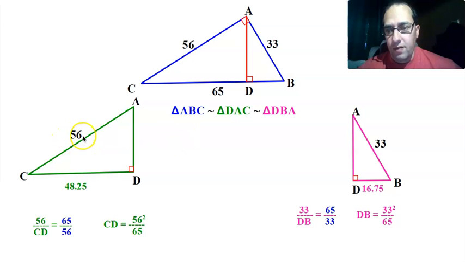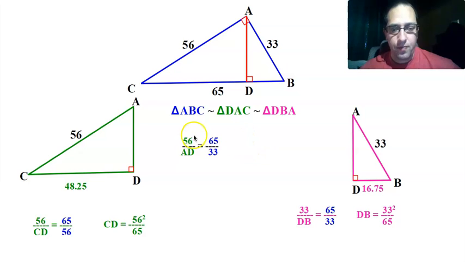So let's see here. We have 56 over AD. There we go. And in the blue triangle, what matches up with 56? Well, as we said, that is the hypotenuse there, so 65. And what matches up with AD? Well, this time AD, that is the short leg. So the short leg here is 33.